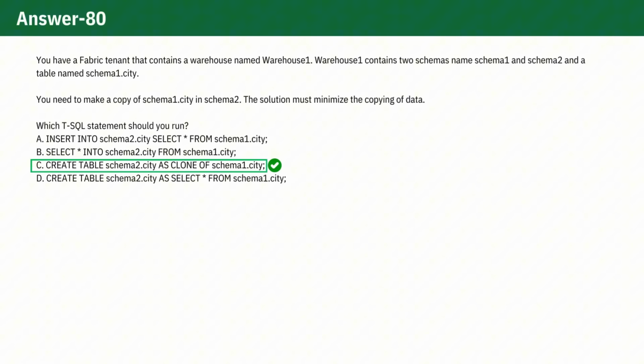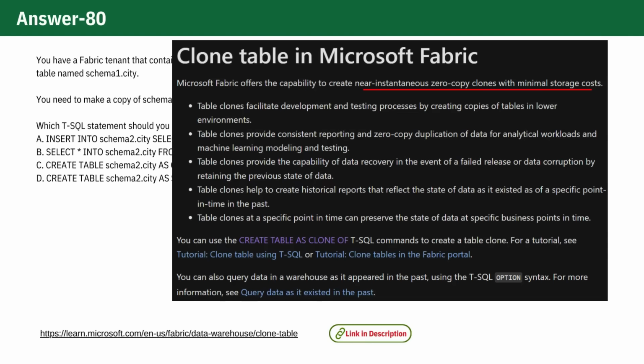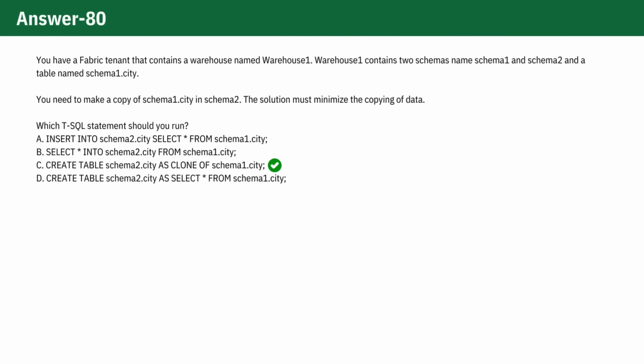Create table Schema2.city as clone of Schema1.city is correct because it creates a new table with the same structure as Schema1.city without duplicating the data immediately, minimizing data copying. Option A fully duplicates the data from Schema1.city into Schema2.city, which doesn't minimize data copying, so it is incorrect.